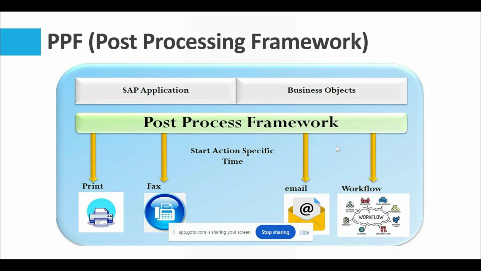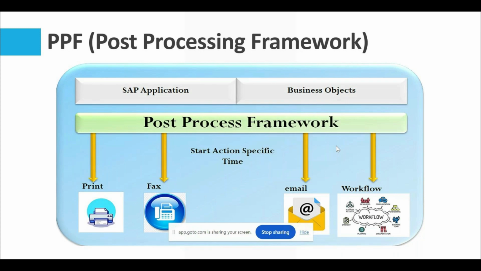The use of the NACE transaction is either to print some application, or to have some processing logic written into a subroutine, and there are various communication methods, either fax, email, or printing.